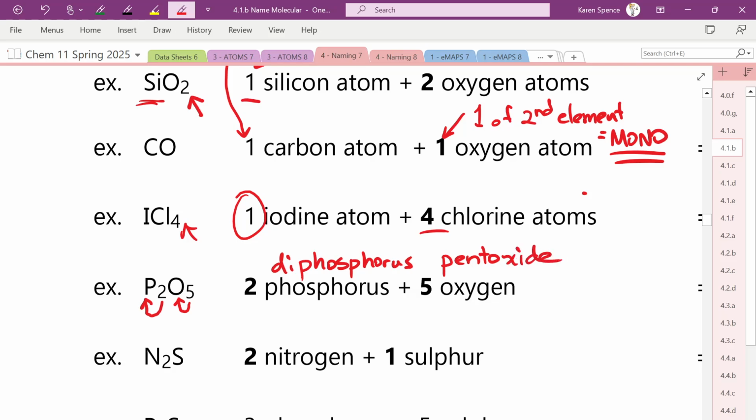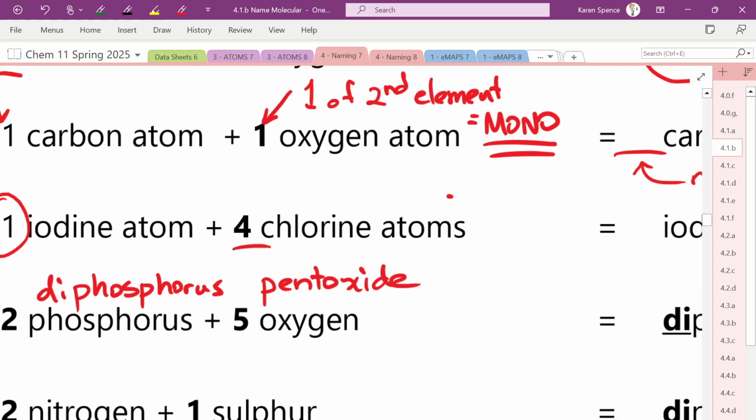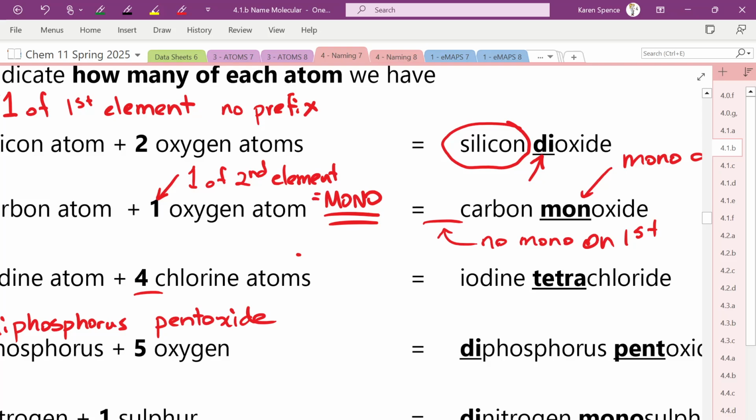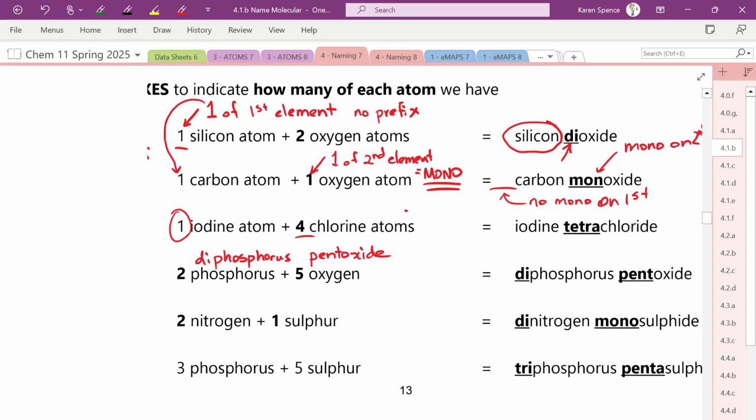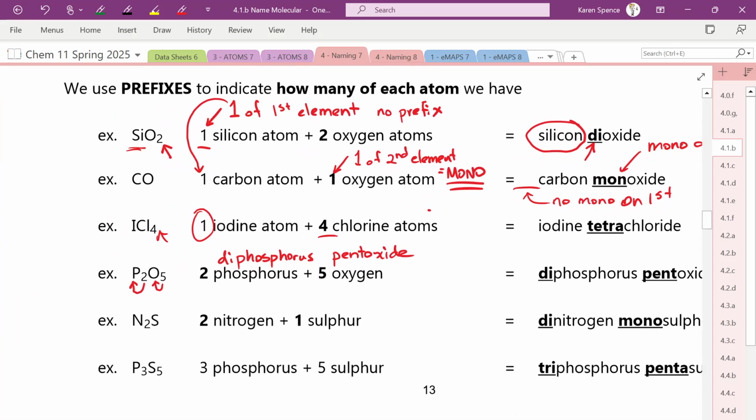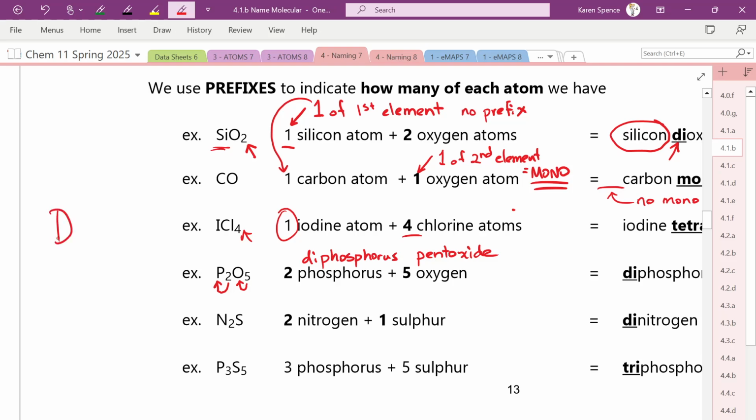Now, you might remember that 5, what's the prefix for 5? Penta. Do you see an A there? You dropped the vowel. We don't drop I's. We drop O's and A's and only before oxide.